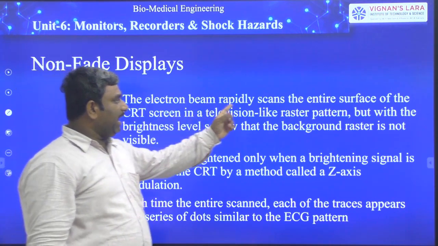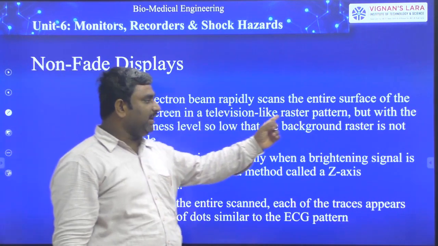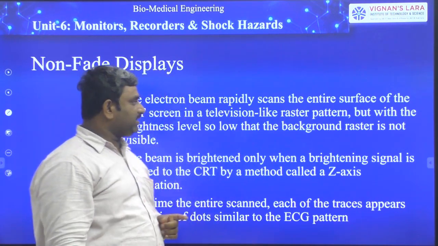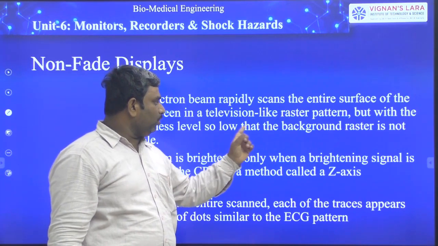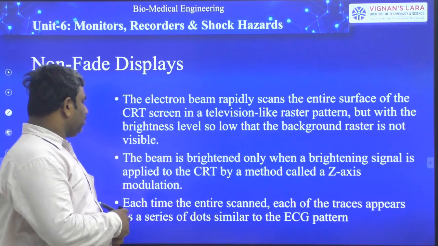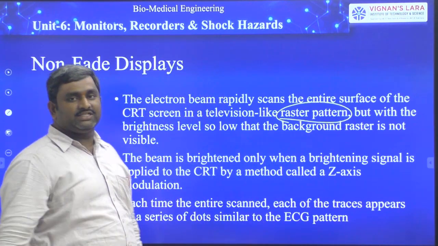The electron beam rapidly scans the entire surface of the CRT screen in a television like raster pattern, but with the brightness level so low that the background raster is not visible. Here that is a very important one, raster pattern.